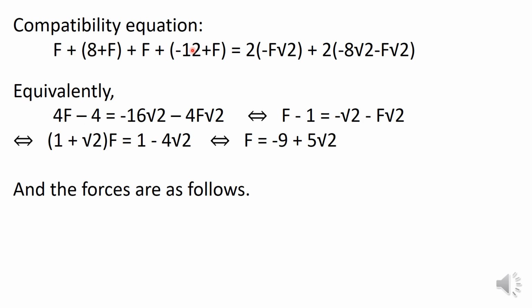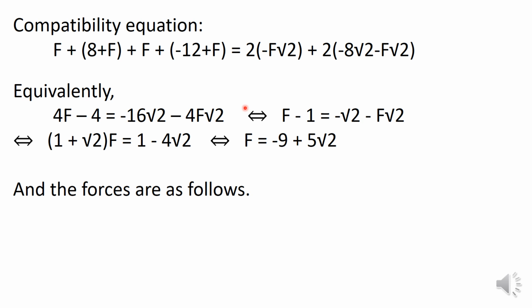These are the coefficient times the force on the perimeter, and on the other side you have the coefficient, which are both 2, times the combined force, the superposed forces on the diagonals. And you can simplify this equivalently. You have 4f minus 4 on the left hand side equal to minus 16 root 2 minus 4f root 2 on this side.